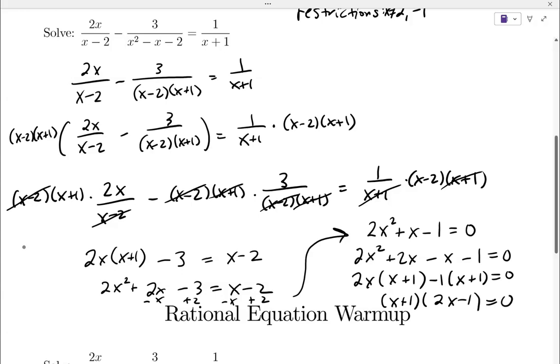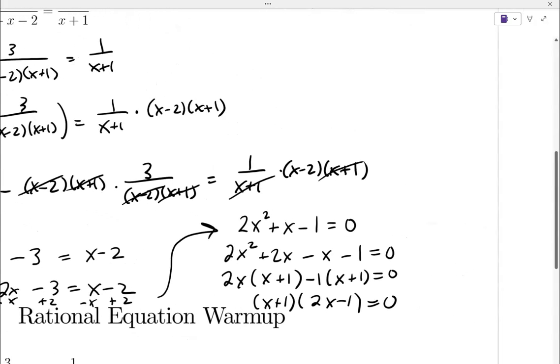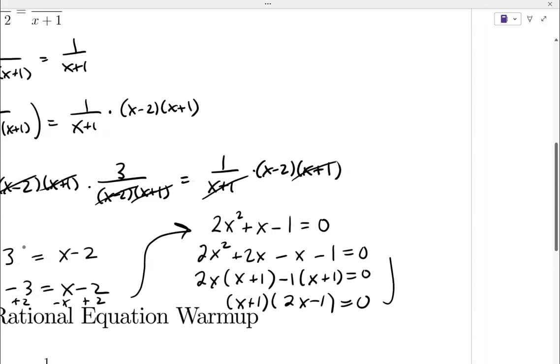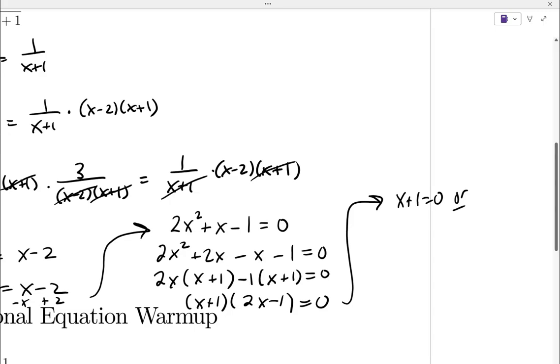So we have x plus 1 times 2x minus 1 equals 0. We're running out of room. What do we do with that now? Yep, set both of them equal to 0. So the first one will give you x is -1. What does the second one give you? 1/2. Good.